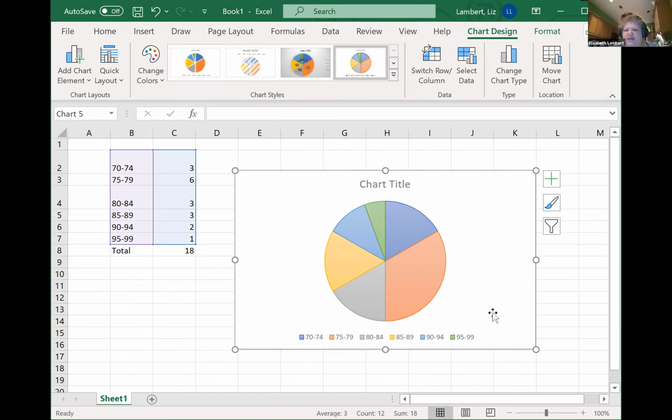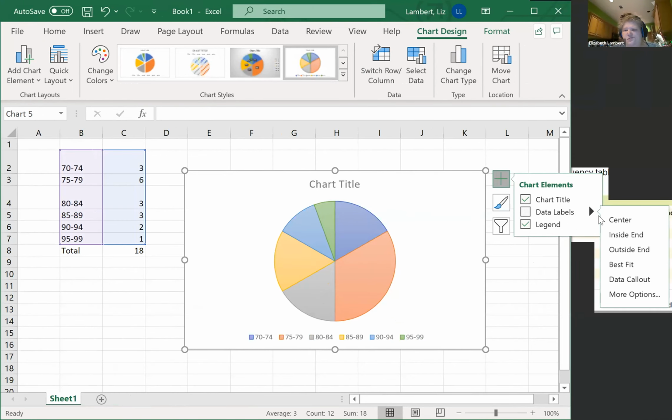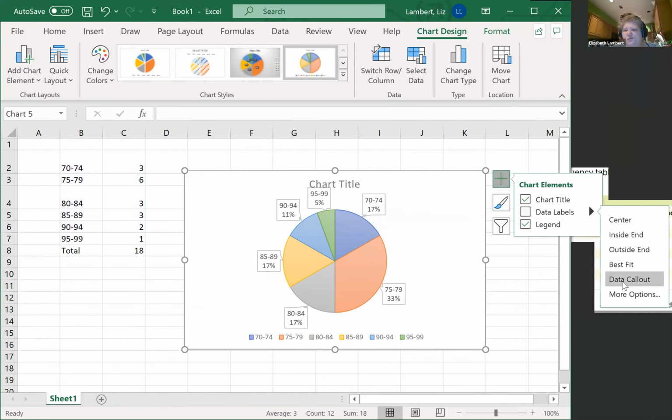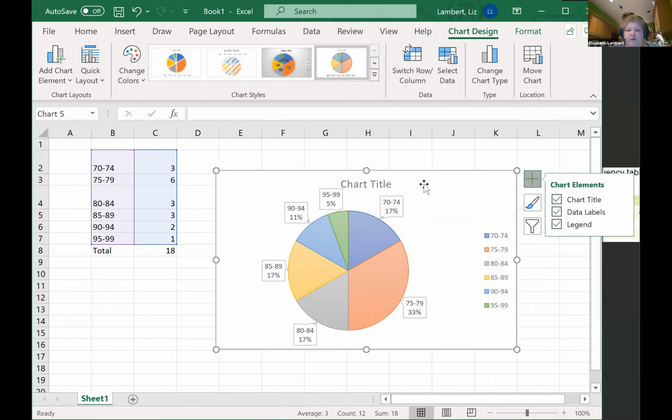There is a way to make them do labels around instead, with a data callout like that. And then you can take the legend off at the bottom and it makes the chart a little bigger.